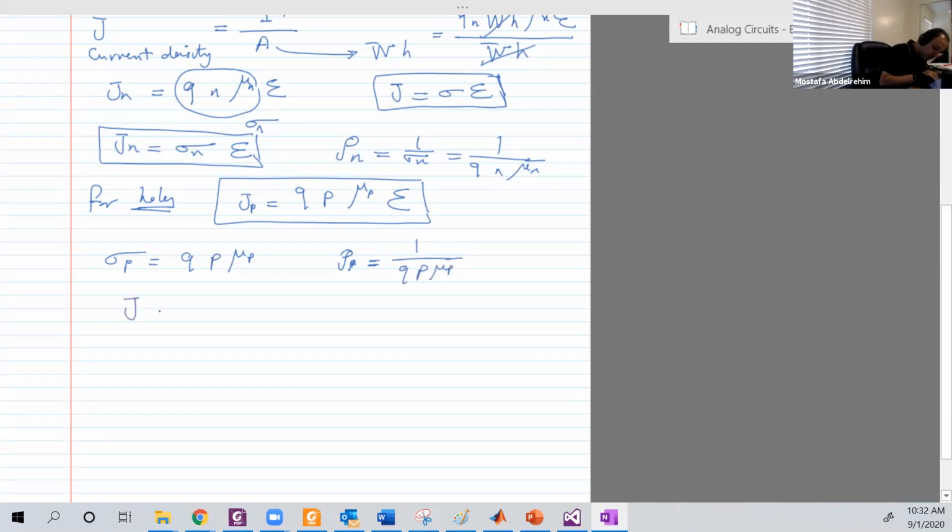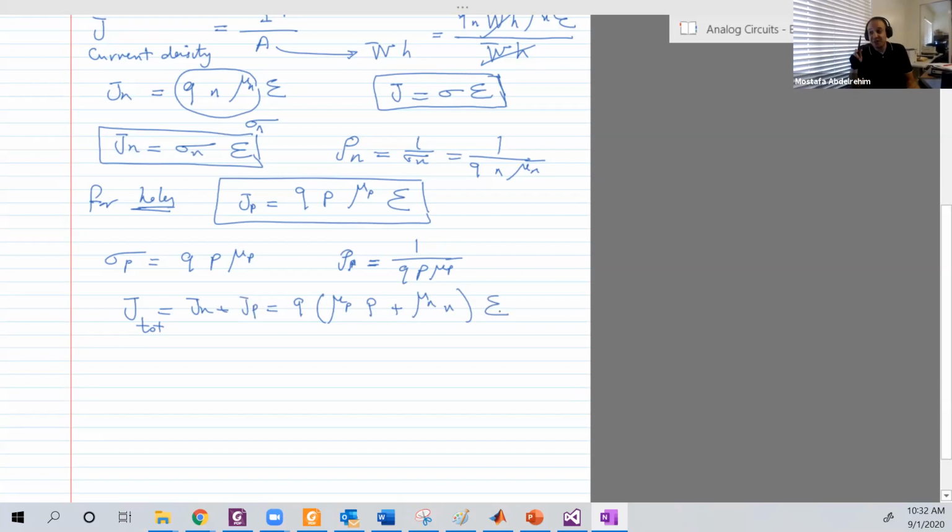And the total current, J total, is equal to J n plus J p. It's equal to q (mu p p plus mu n n) epsilon.